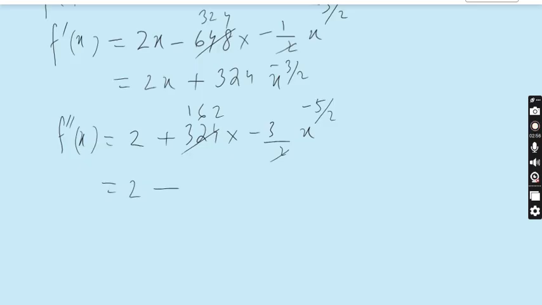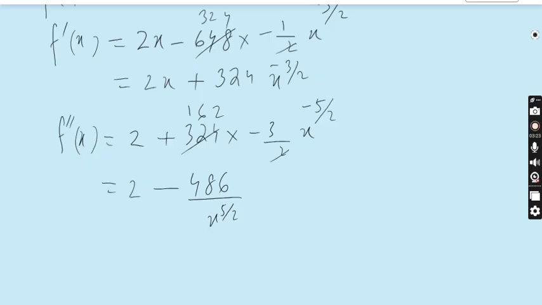Now multiply 162 by 3. Kindly wait, I am opening my calculator. 162 by 3, the answer is 486, upon x power 5 upon 2.